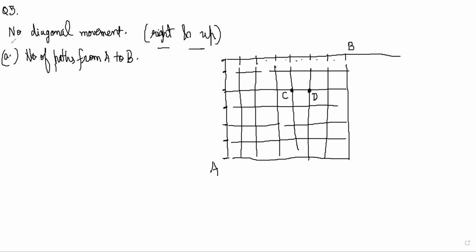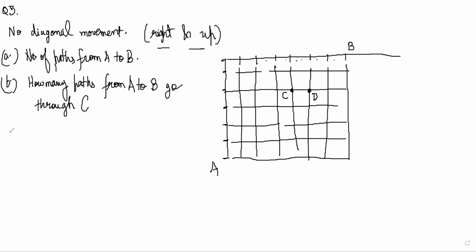So the second part of the question is how many paths from A to B go through C. And the last part is how many paths go through the CD road.